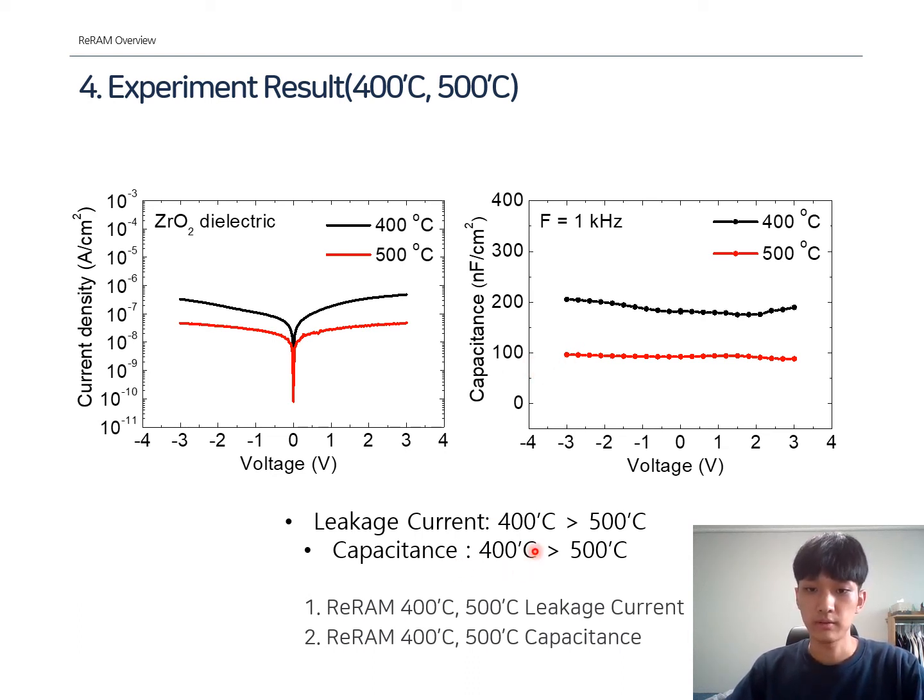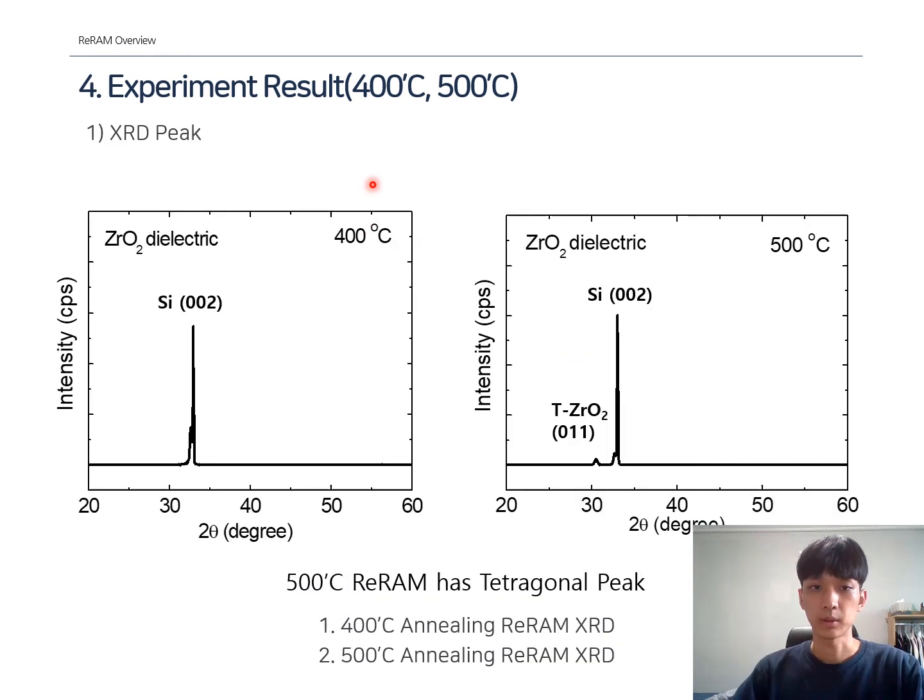So the 400 degree film has more leakage current and more capacitance. Although 500 has lower leakage current, 400 has almost double the capacitance, so we conclude 400 is the most optimized temperature. But why does 400 degrees Celsius have higher capacitance than 500?